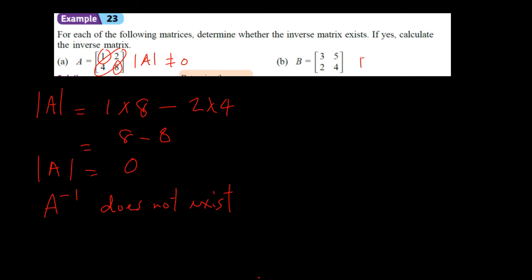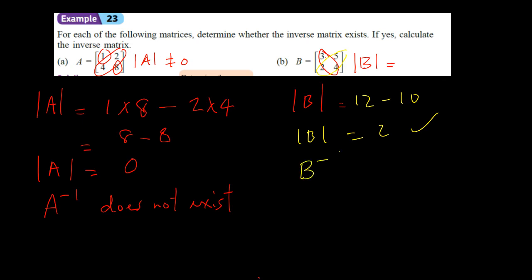You find the determinant of B. You get 12 minus 10, so you get 2. Your determinant of B is 2. That means the inverse matrix of B exists.